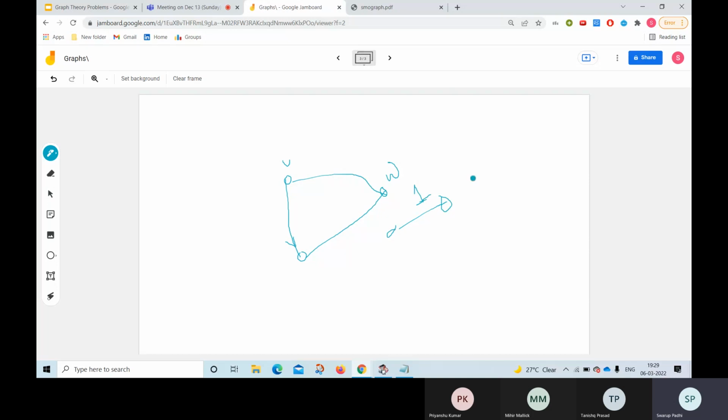I'm giving you an unweighted graph. So we are only considering the number of edges in the path. It is not that if I give a weight of 10 and a weight of 5, then the length can be expressed as 10 plus 5, which is 15. Here it's only the number of edges.